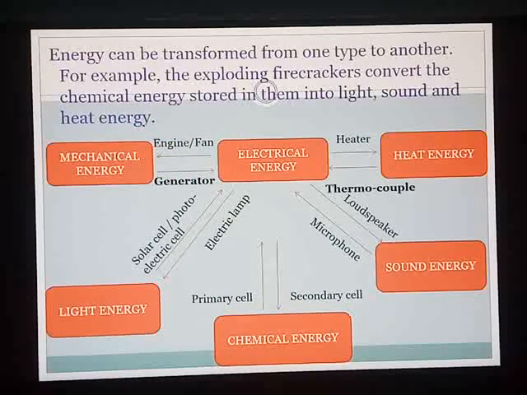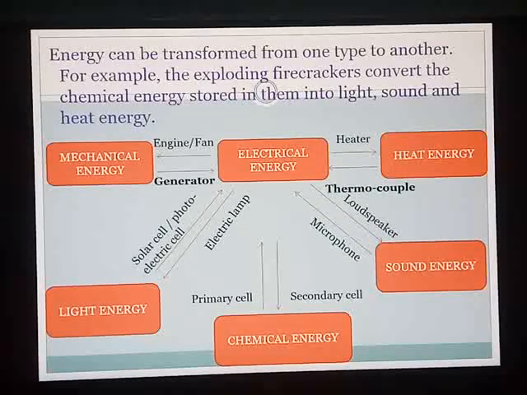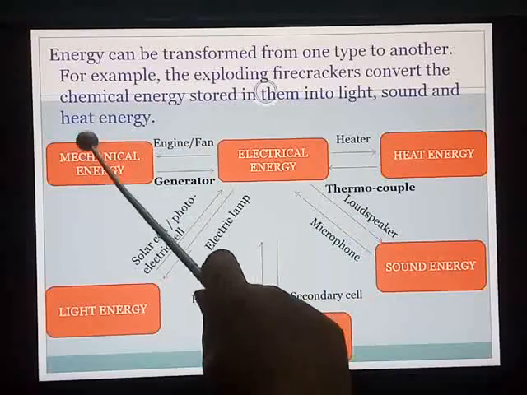Staying in Virar, a very good example. When the current goes away, when the current is on, when your power supply is on, what happens? Due to the working of the fans and all, this electrical energy is stored by the generator as mechanical energy.